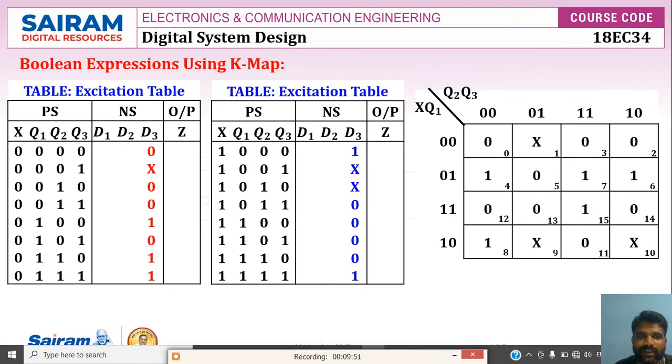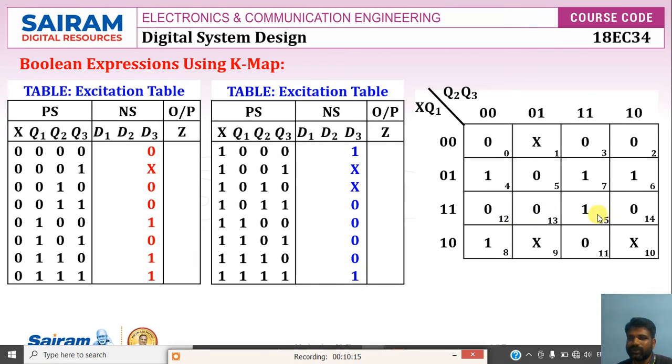Similarly, retain the D3 column and make the entries. First 4 entries 0 don't care 0 0. Next 4 entries 1 0 1 1. Next 4 entries 1 don't care 0. Next 4 entries 0 0 0 1.